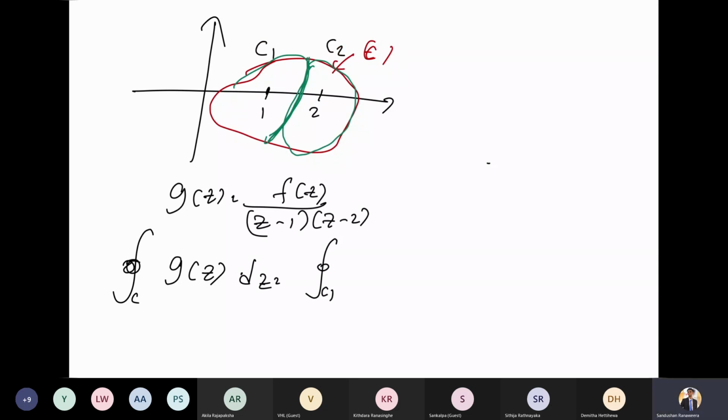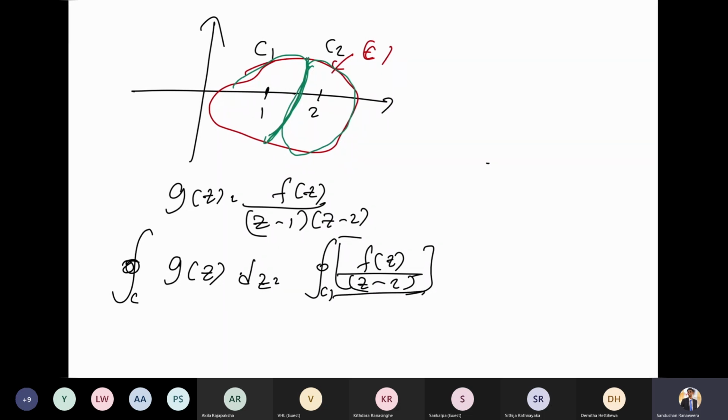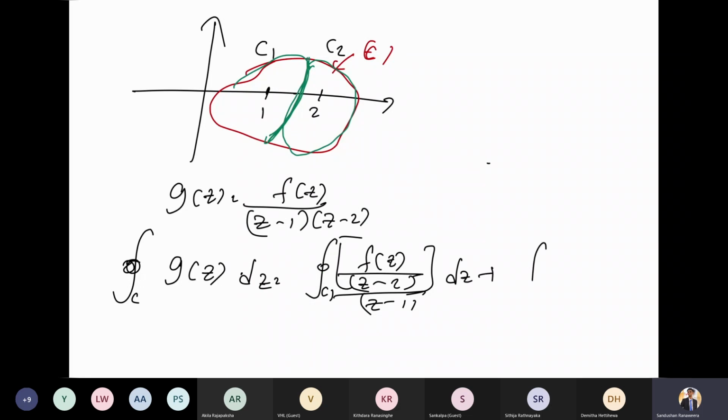Over C1, f(z) over (z minus 2) is analytic, because if z does not equal 2 it is not going to infinity, divided by z minus 1, dz, plus over C2, f(z) over (z minus 1), divided by z minus 2.